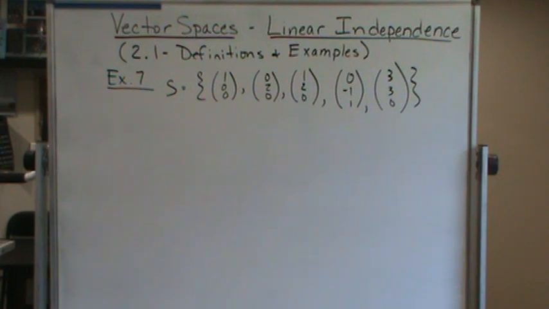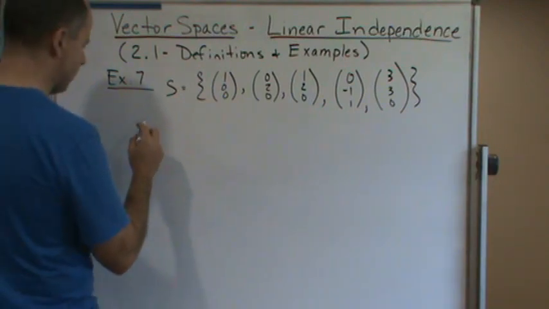So what we want to do is calculate which vectors to drop in order to get a subset that is linearly independent but has the same span. So we're going to set up a linear relationship.